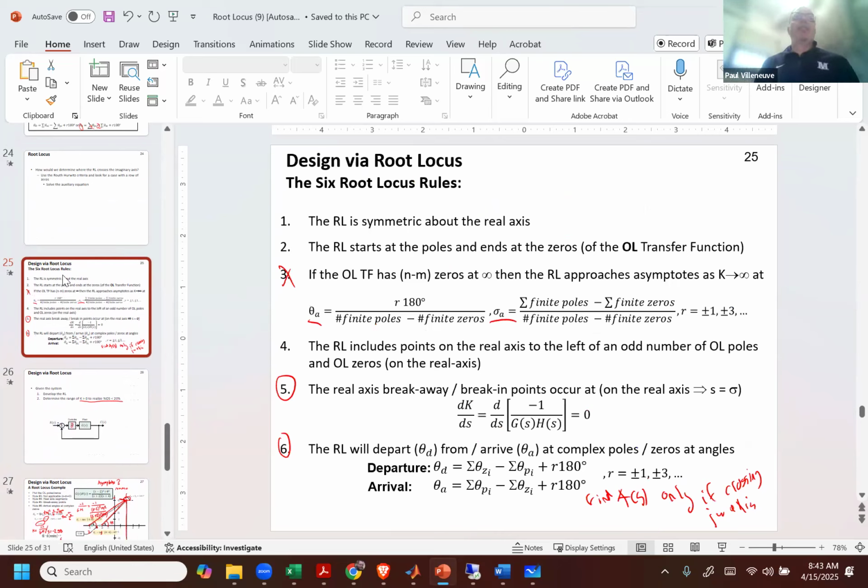That's what we've been doing even from last semester. Rule number 2, that's a mantra. So start at a pole, end at a 0. Hopefully you have that memorized. And then the next 4, I probably would write down those, including the auxiliary equation, right? To be able to draw a root locus with some level of accuracy.